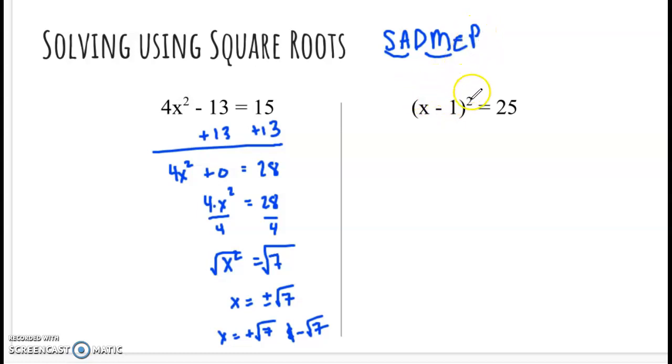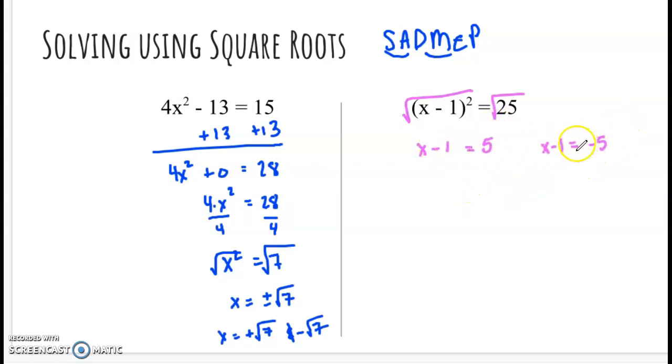So the first thing I'm going to get rid of is the square. The opposite of a square is a square root. If I do it to one side of my equal sign, I do it to both. So the square root and the square undo each other. Right, they're inverses. So I have x minus 1 equals, and I've got this 25. Well, I have to consider both the positive root of 25, but I also have to consider the negative root of 25. Okay, so I've got my principal root, and then I've got that negative root as well.